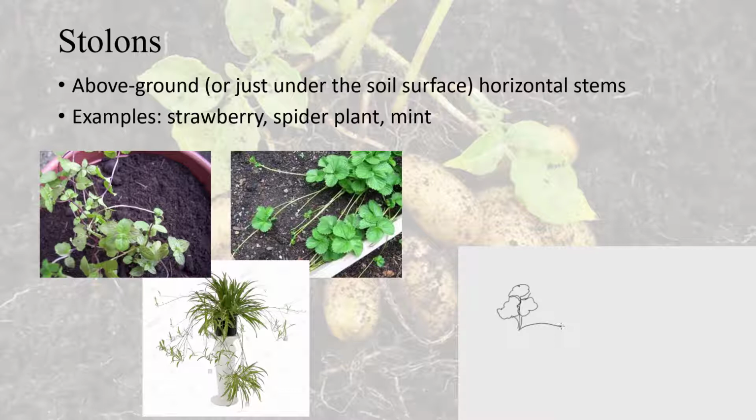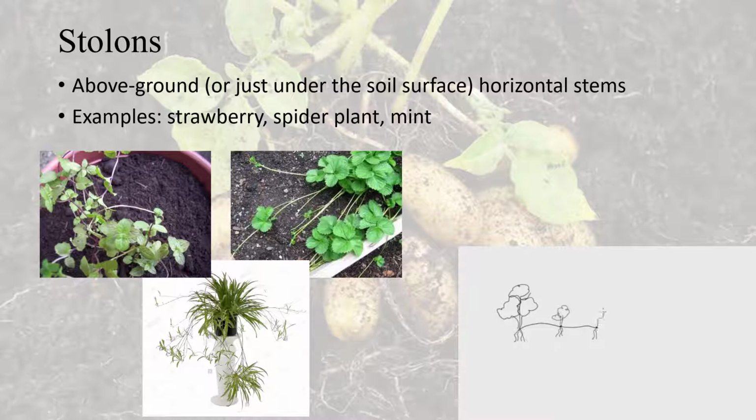And at each node, so this is our stem going along here, I'll actually do a really long one. At each of these nodes, it produces new stem and new adventitious roots. So at each of these nodes, we can get a new strawberry plant that can grow up.